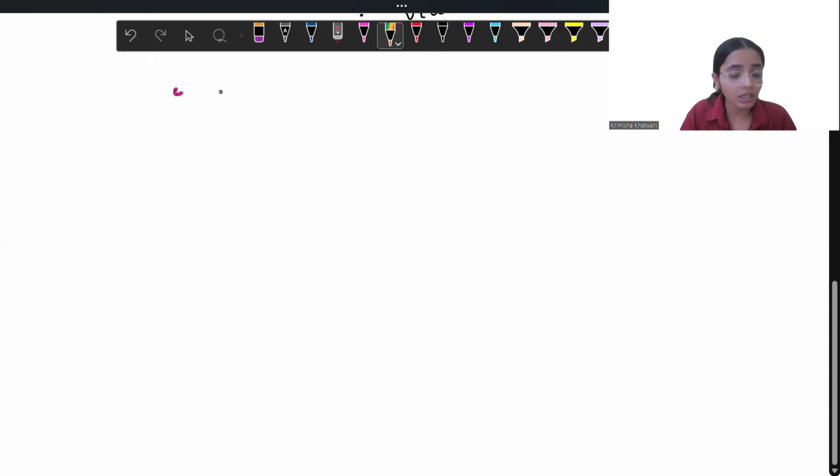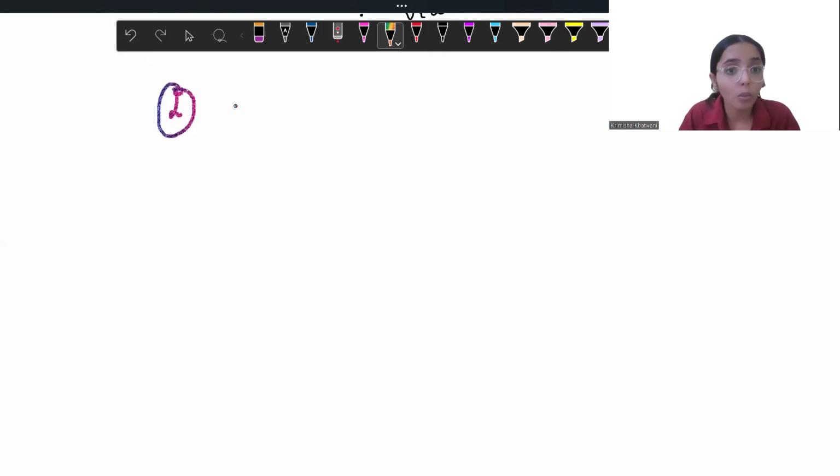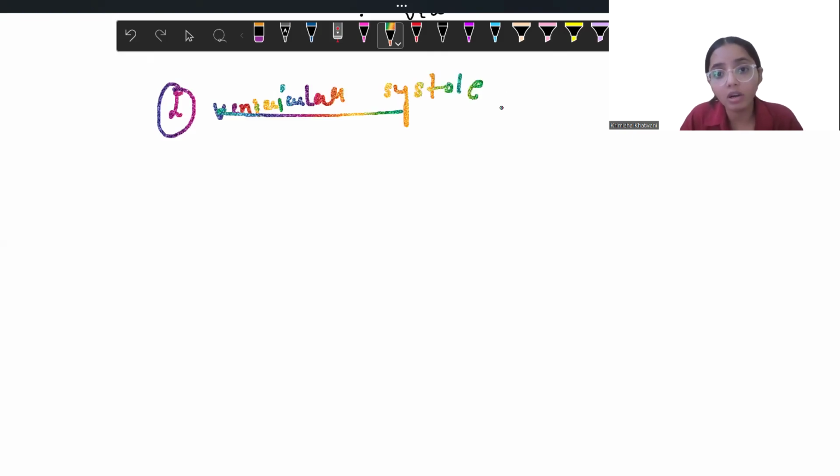Moving on to the second event. The second event, after atrial depolarization, is ventricular depolarization or ventricular systole, also called ventricular contraction. Now what happens during ventricular systole?